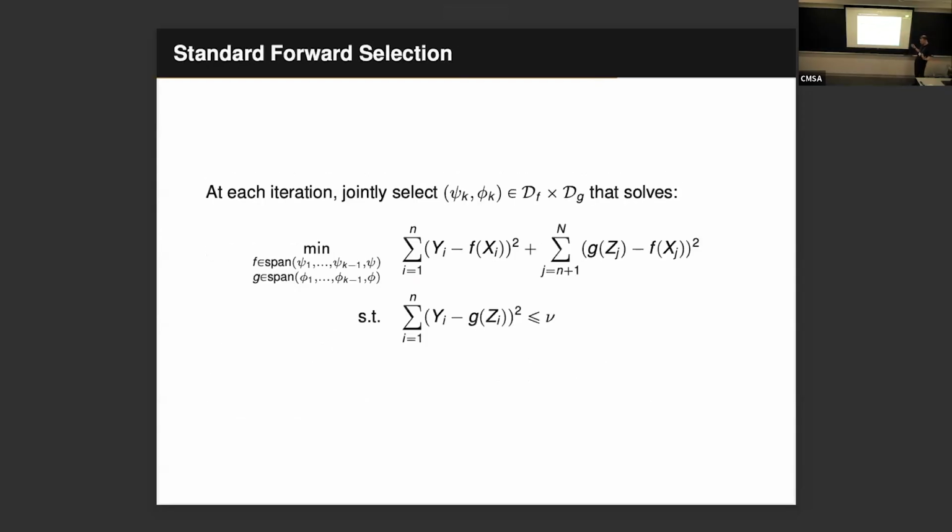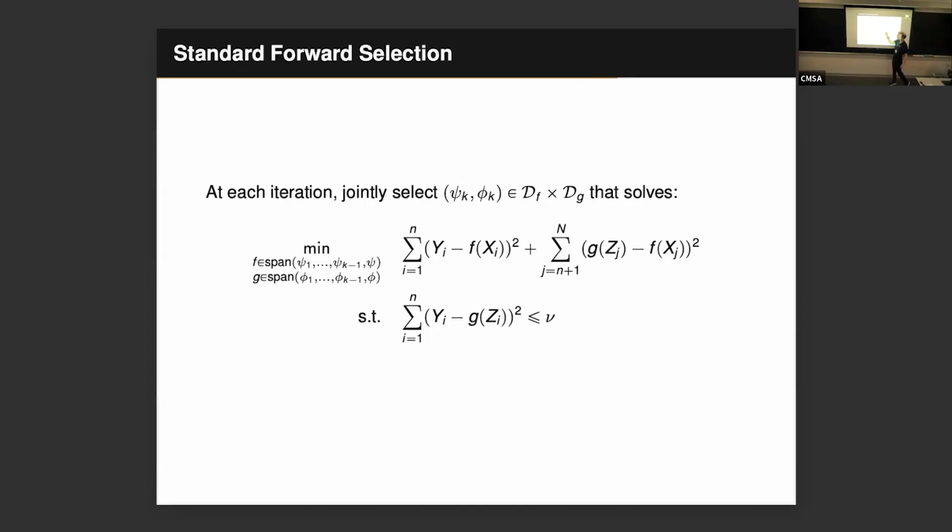Okay, so you could think about this in a very naive way. You could just do what a statistician would do if they were approaching this problem, that is, very vanilla, very standard forward selection, right? So let me expand the span of my existing model space by adding the dictionary element from the F space and the dictionary element from the G space in such a way that I most reduce the objective that I'm trying to minimize.